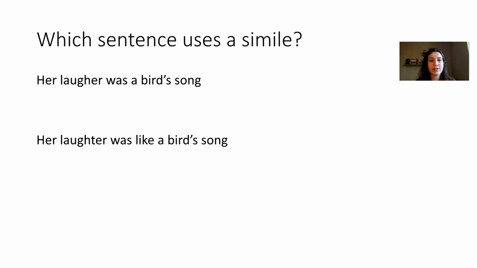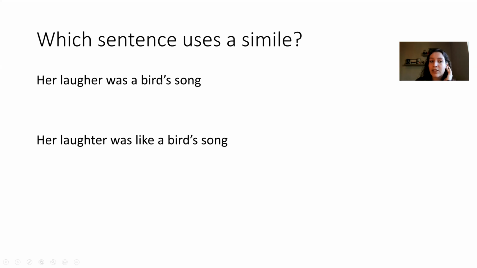All right, so which sentence uses a simile? Her laughter was a bird's song, or her laughter was like a bird's song. Let's look at this first one. Her laughter was a bird's song. This states this comparison as fact. Literally speaking, her laughter was not a bird's song, but this figure of speech is saying it was in a sense of comparison.